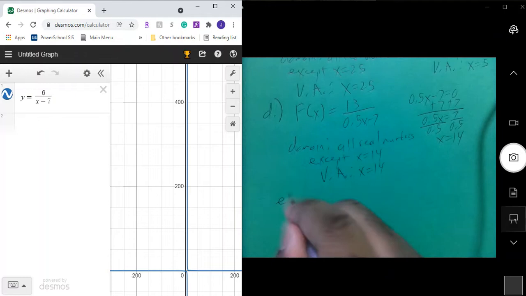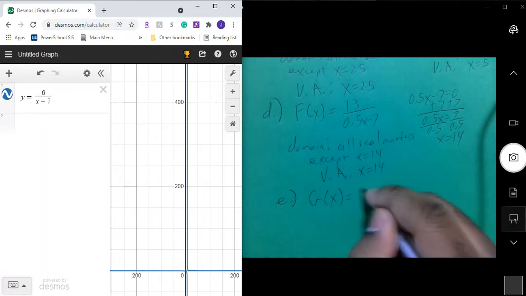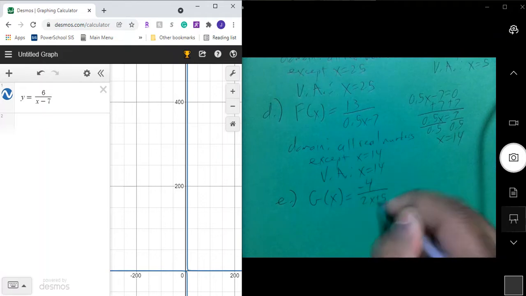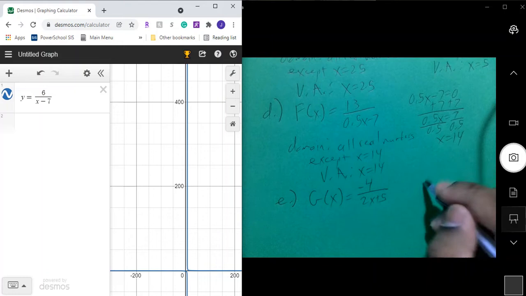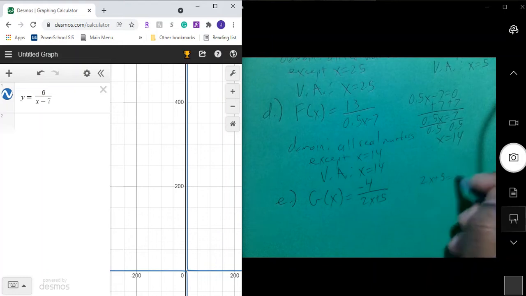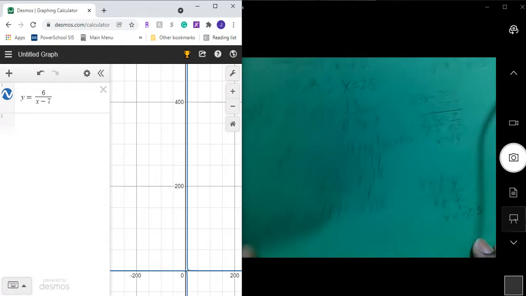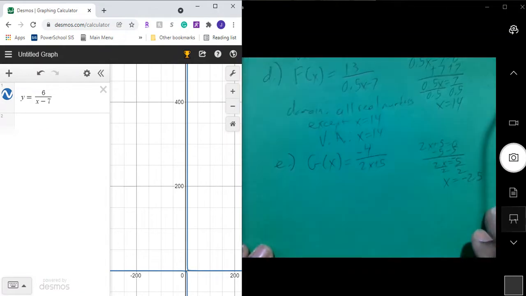And then finally, E, we have g of x equals negative 4 over 2x plus 5. And we'll set 2x plus 5 equals 0. Subtract 5 on both sides, and 2x equals negative 5. Divide each side by 2. And x is equal to negative 5 halves, which is the same as negative 2.5, or you could have left it as negative 5 halves.